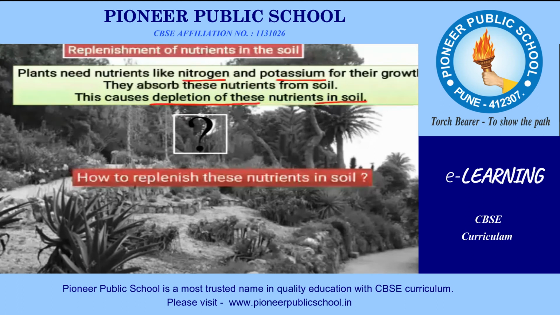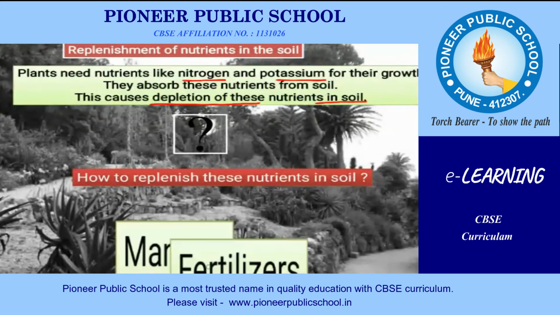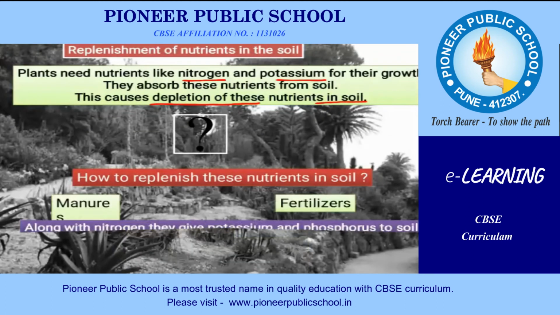We have manures and fertilizers which can give back to the soil nitrogen along with potassium and phosphorus. So, we need to use manures and fertilizers when we are farming or cultivating crops in our fields.